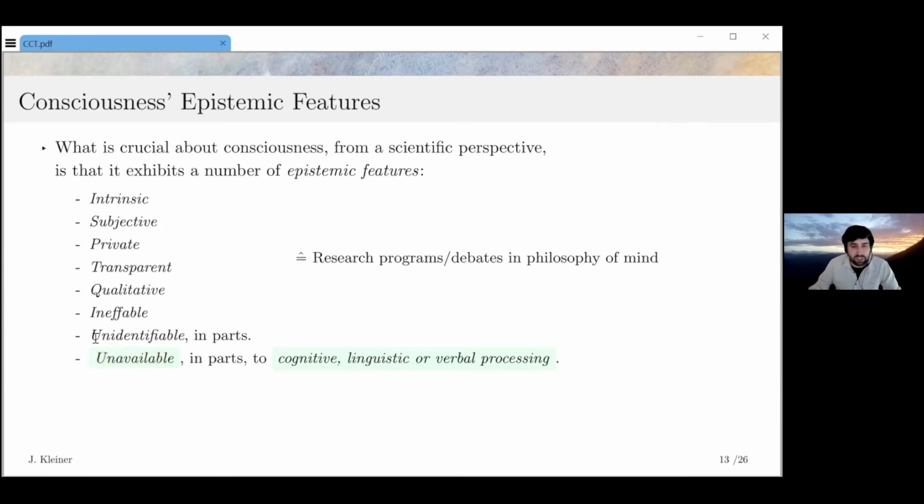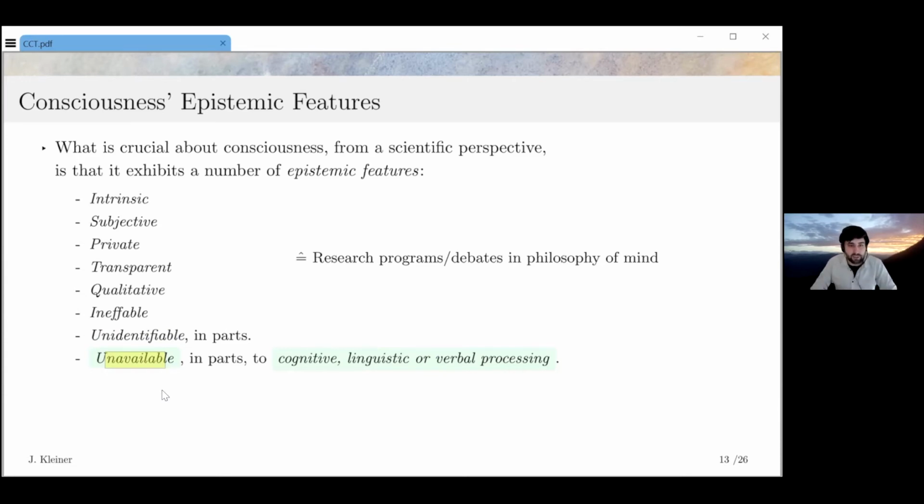The ones which I really want to focus on in what follows, and the ones which are in a sense most general and also most important, are the last two. Consciousness is unidentifiable, and I'll have an example in a minute where I explain what that means. Crucially, that's the one to keep in mind. Some parts of conscious experience are unavailable to cognitive, linguistic, or verbal processing.